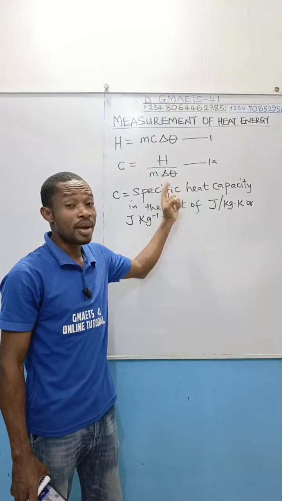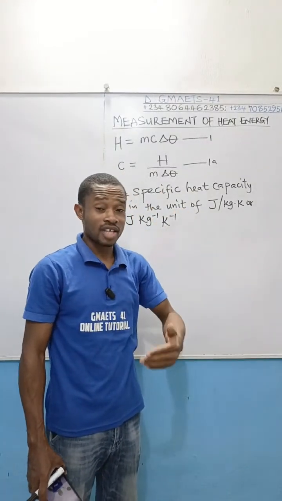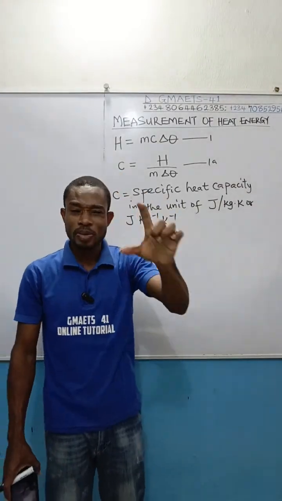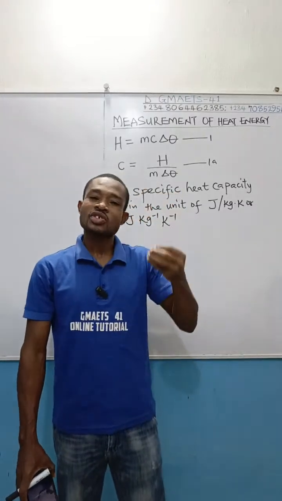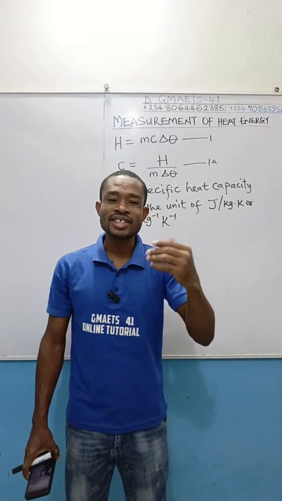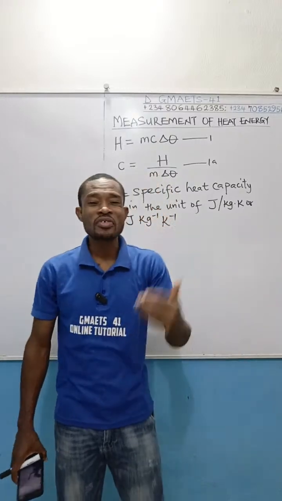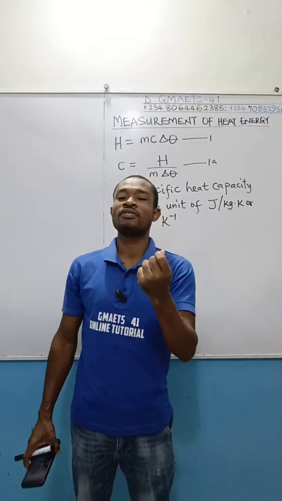Once again, remember what we are defining is not just heat capacity, because we are going to talk about heat capacity soon. We are defining specific heat capacity. Specific. So we are being particular. We are measuring a particular mass of a substance, or per se, we are trying to find out the energy required for a specific mass of that substance.